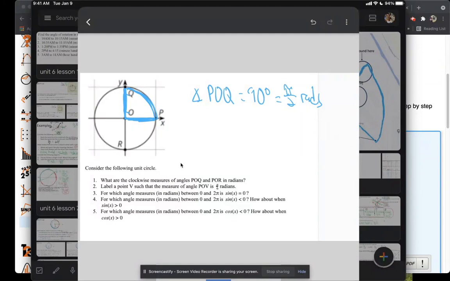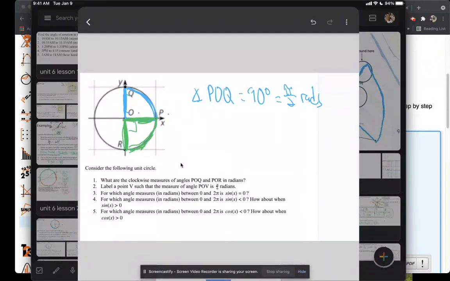Angle POR, let me use a different color here. Angle POR is this section of the circle that I'm outlining in green. Notice it goes P to O to R. That is a clockwise rotation, which means that angle is going to be negative.